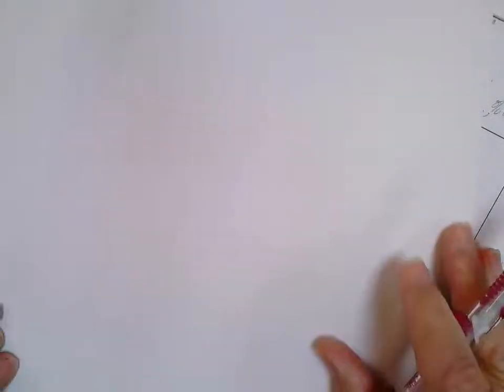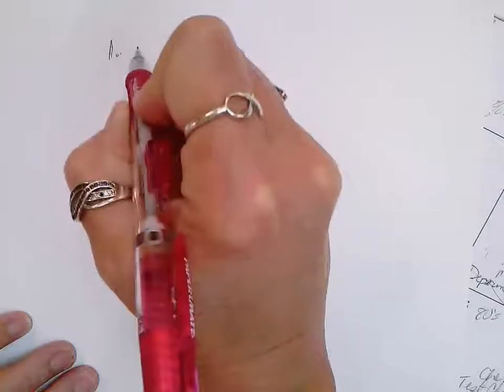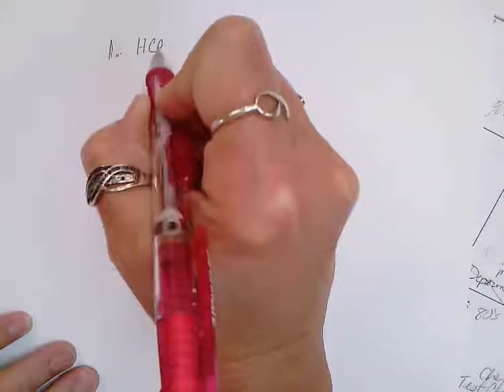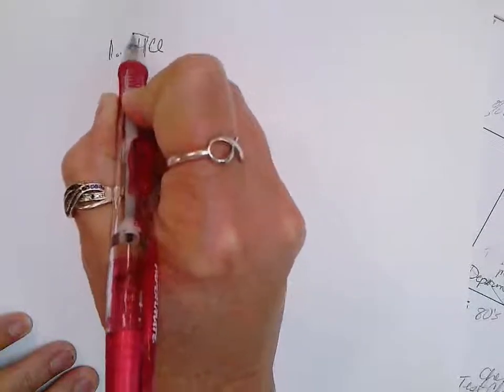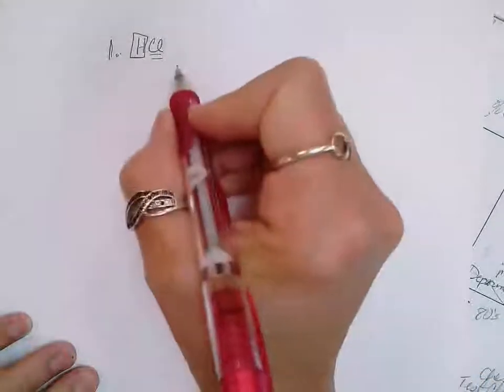When we have an acid, it can come from two places. First case is where I just have a hydrogen with a nonmetal. So if we have something like HCl, we have hydrogen and we have an anion from the nonmetals.